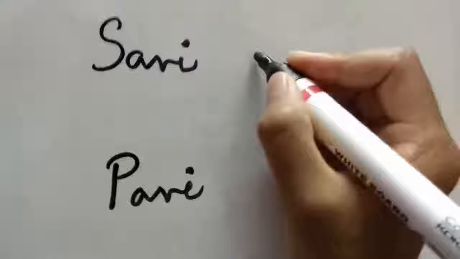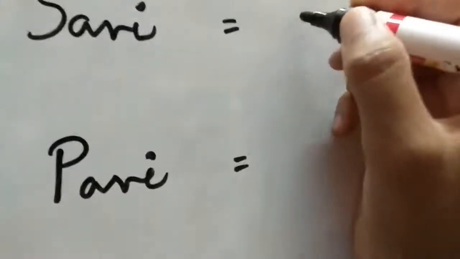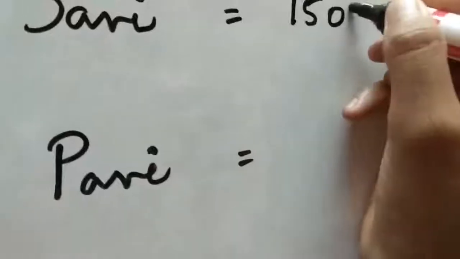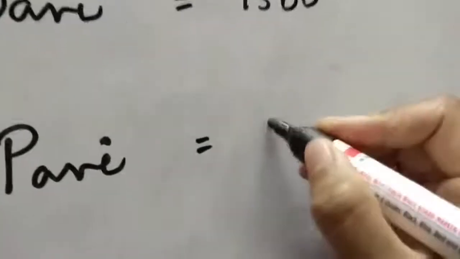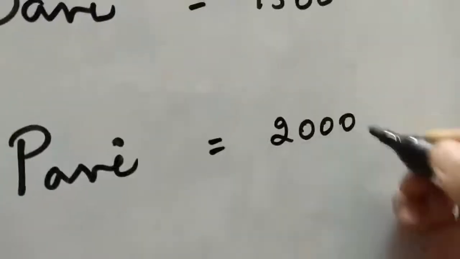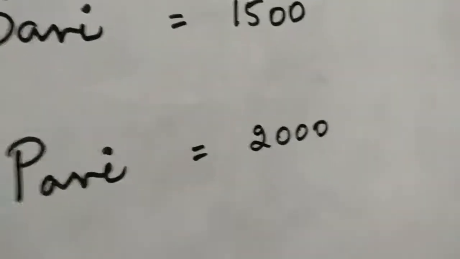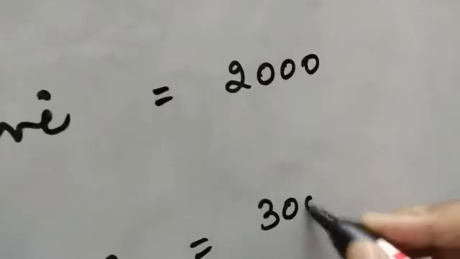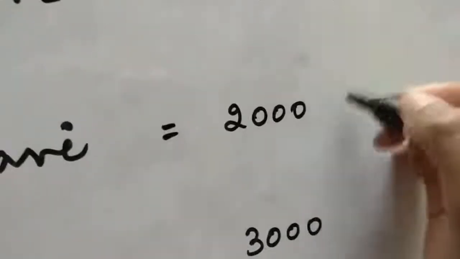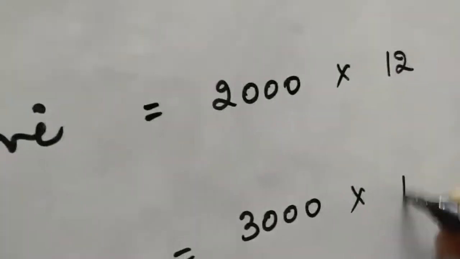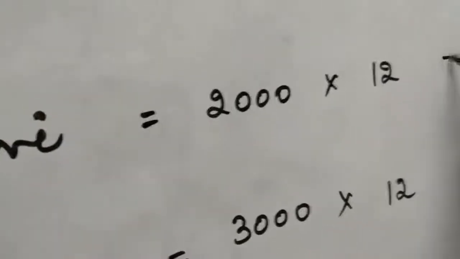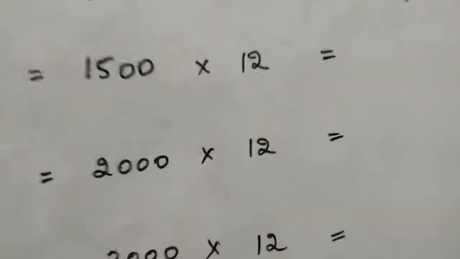So Savi, the amount withdrawn is 1500. Next, Pavi 2000, and then Nivi 3000 into 12 months for each. So the amount for each is going to be calculated now.